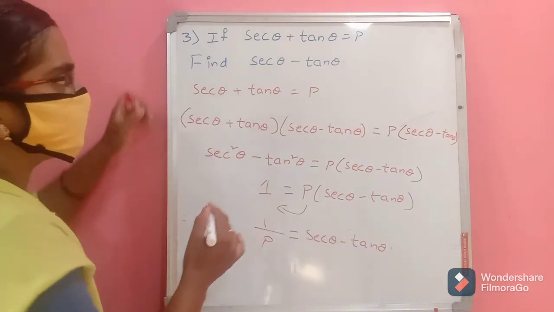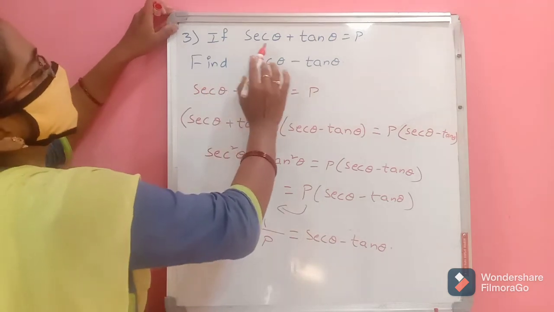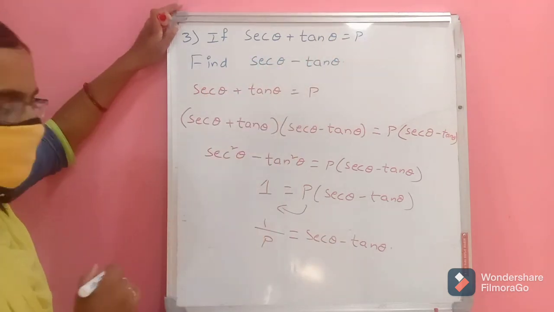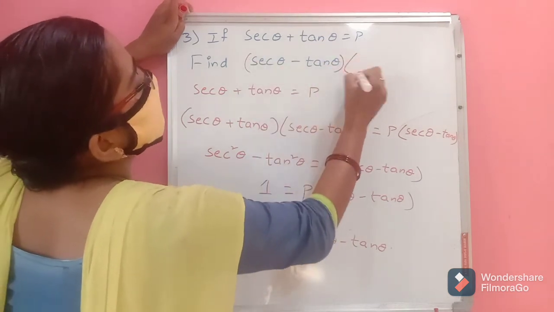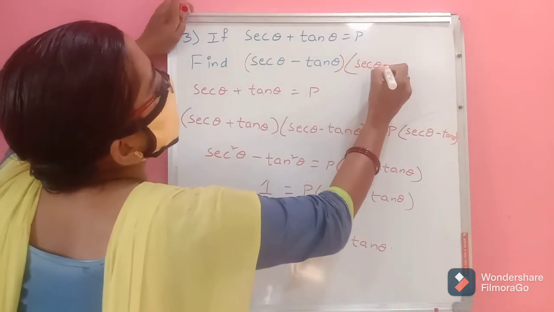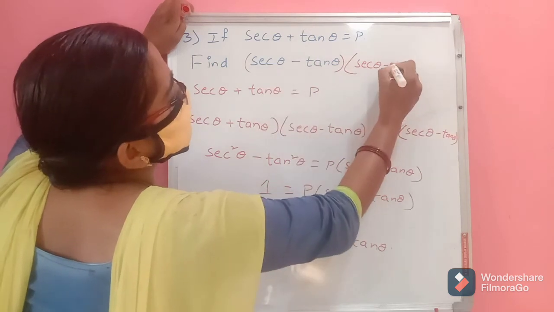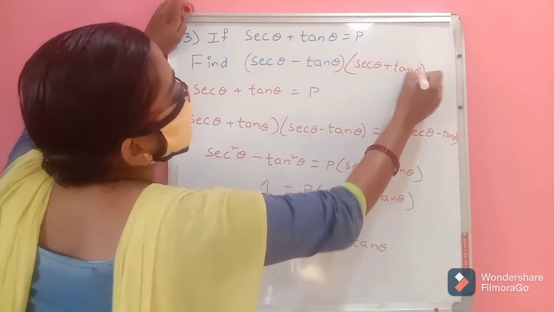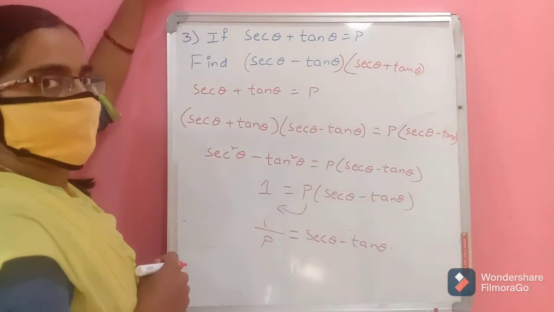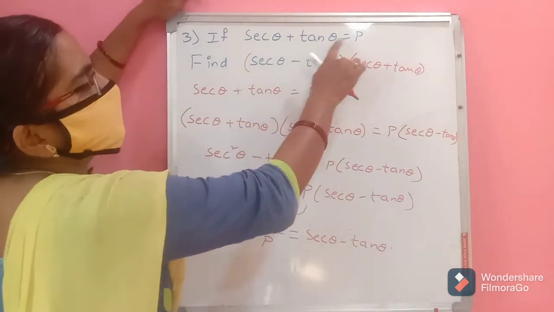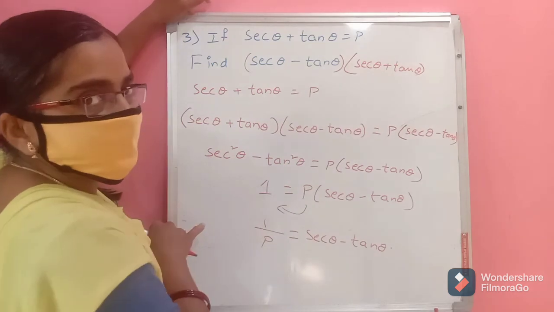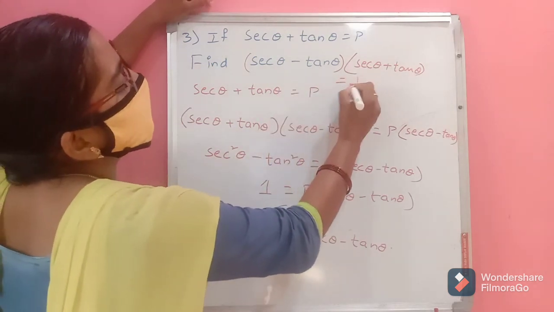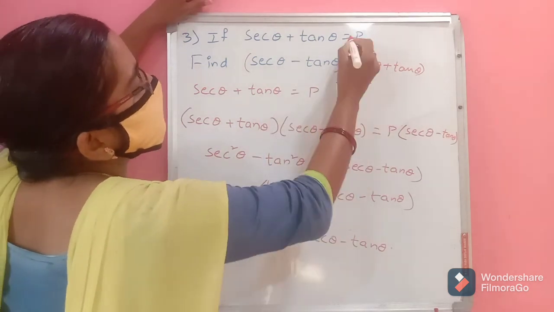These questions may also be asked like this: when sec theta plus tan theta is equal to p, find sec theta minus tan theta into sec theta plus tan theta. Sec theta minus tan theta is 1 by p, into sec theta plus tan theta, which is p.